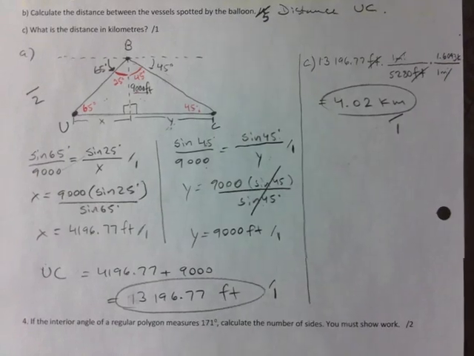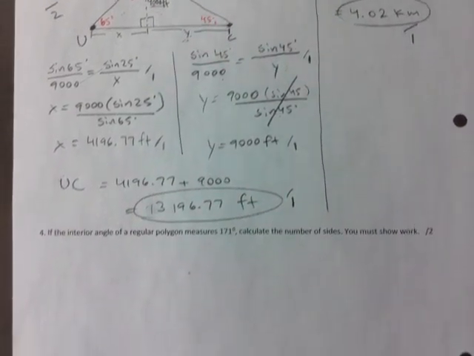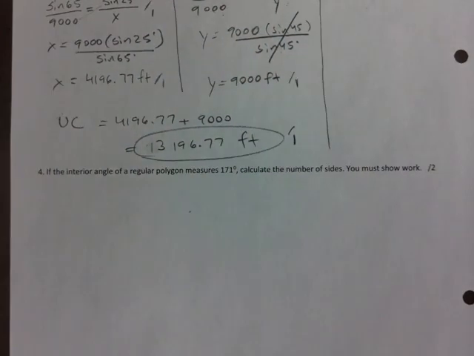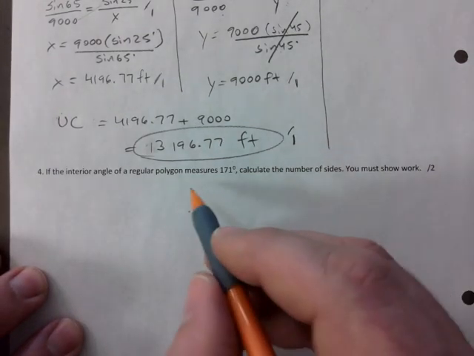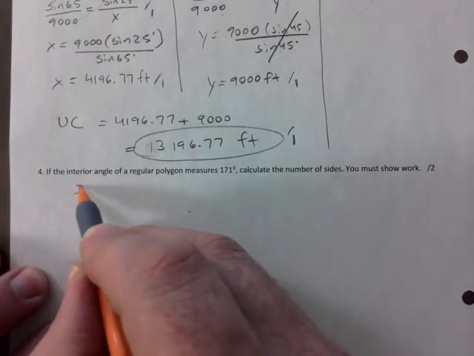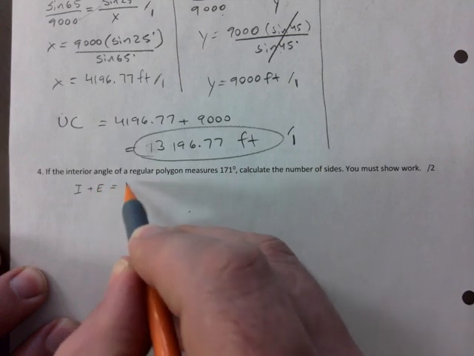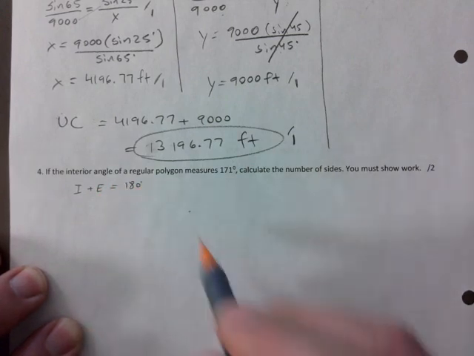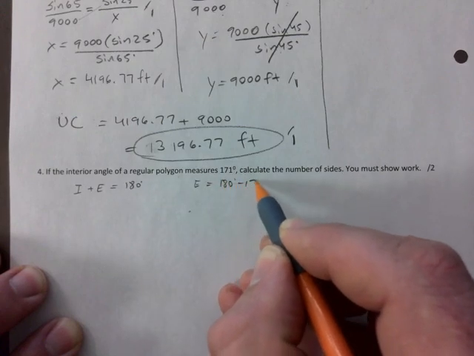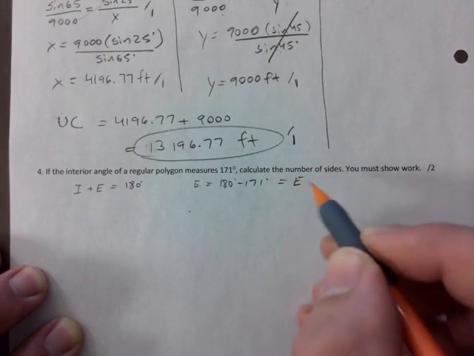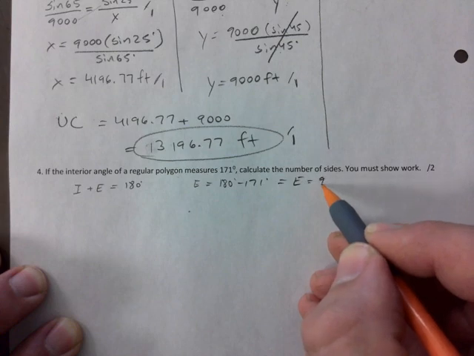And then a blast from the past. The interior angle of a regular polygon measures 171. How many sides does it have? I'm going to go like this. Remember, the interior and the exterior angles always add up to 180. So to get the exterior angle, all I have to do is 180 minus 171. So the exterior angle is 9 degrees.